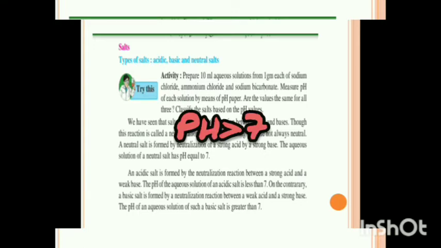So you have seen the difference in these three, and I hope you have understood that a neutral salt is formed by the neutralization of a strong acid and a strong base. An acidic salt is formed by the neutralization reaction between a strong acid and a weak base.